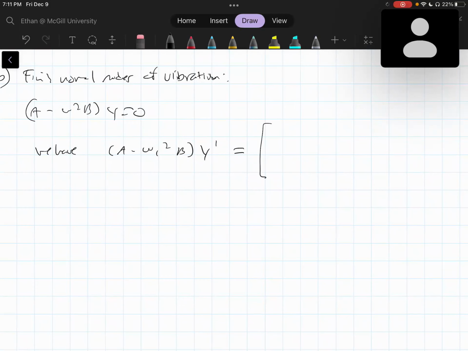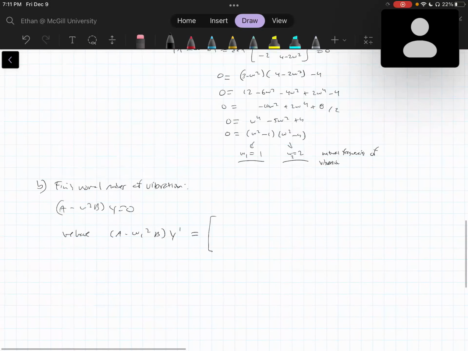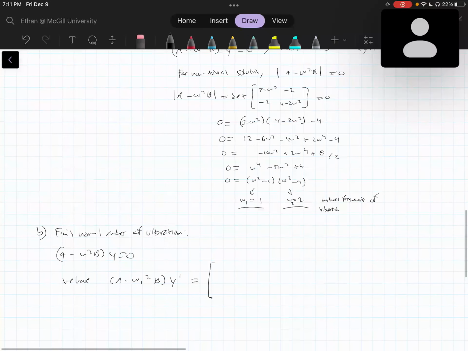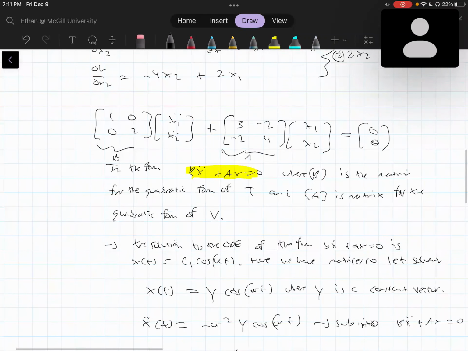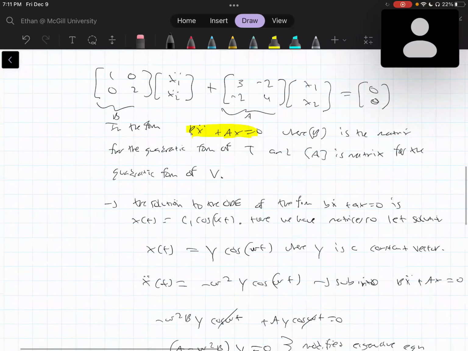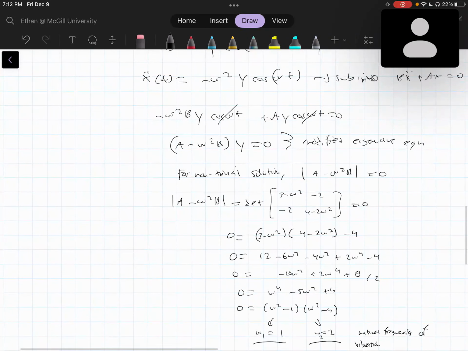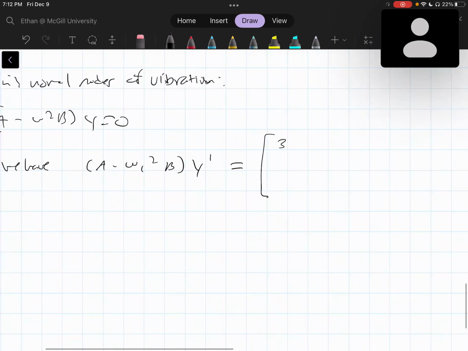so this is A minus omega 1 squared B matrix, where we can rewrite this matrix, except now we know what omega is. So for omega 1, for the first one, for example, we're going to have 3 minus 1 squared times 1, which is just going to be equal to 2. So I'll write this out fully. Negative 2, it's just going to be negative 0 again.